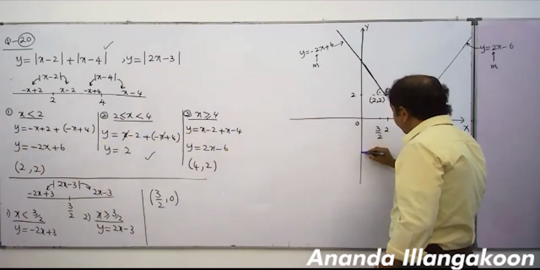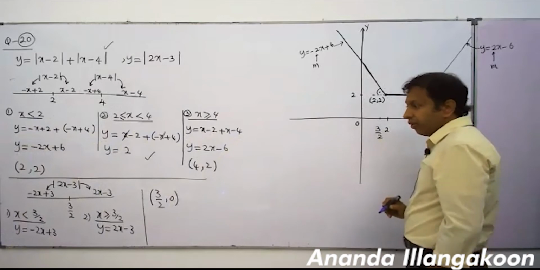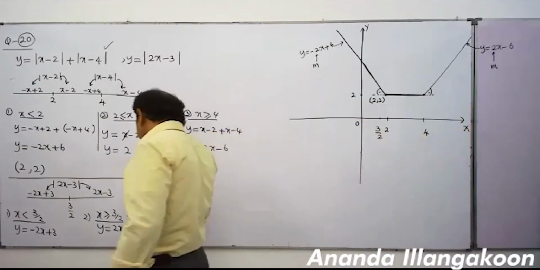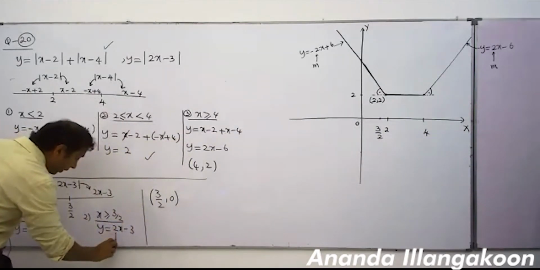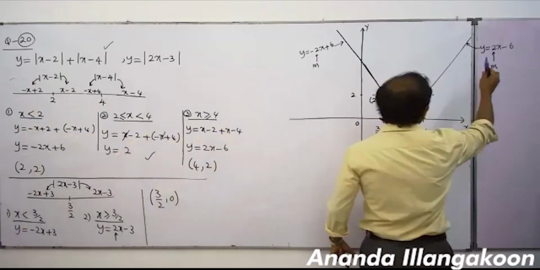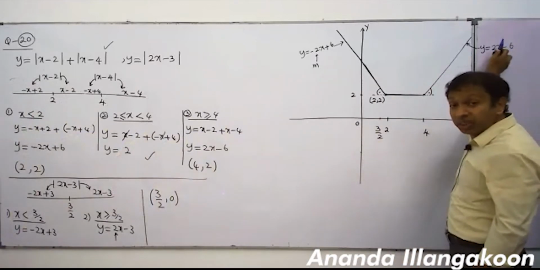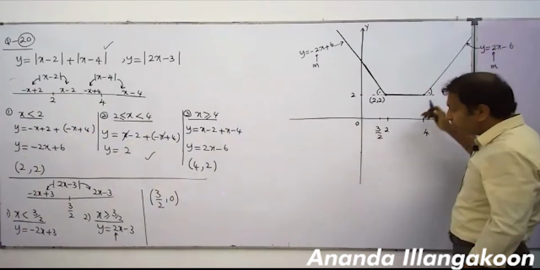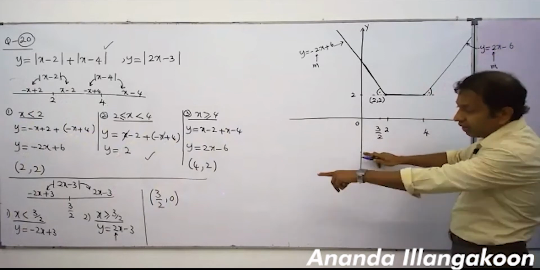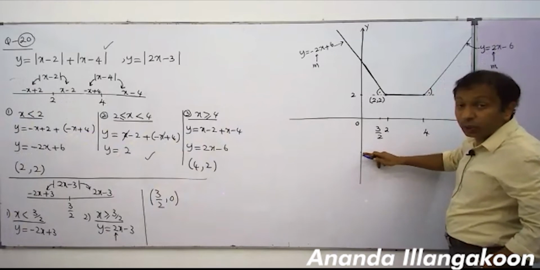Minus 3 is somewhere here if we mark. People, in this case, what is the gradient? Gradient 2. What is the gradient of this line? Also 2. When the gradients are equal, you know the lines are parallel. Therefore, there is no point in finding that intercept minus 3, because we don't take a 100% accurate scale now.